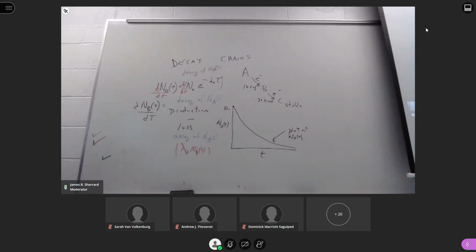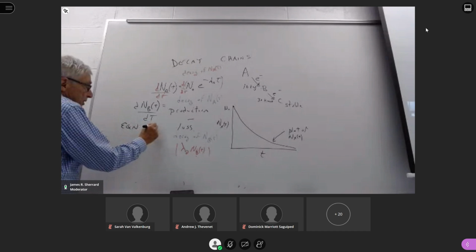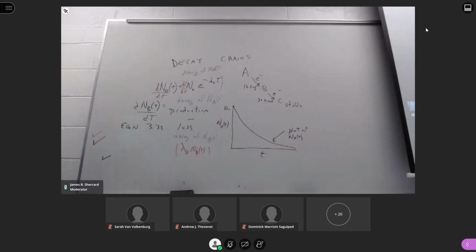And if you want to follow along in the textbook with this, they solve this to be equation 3-32, which is on page 60.